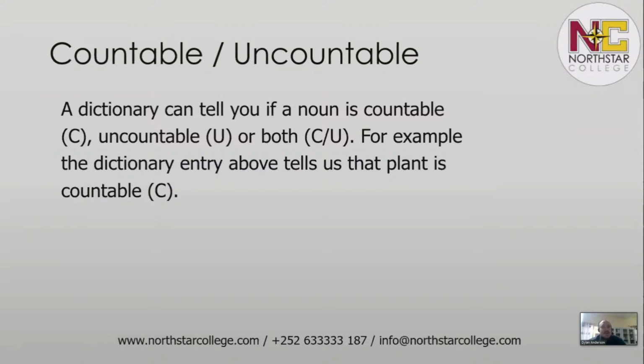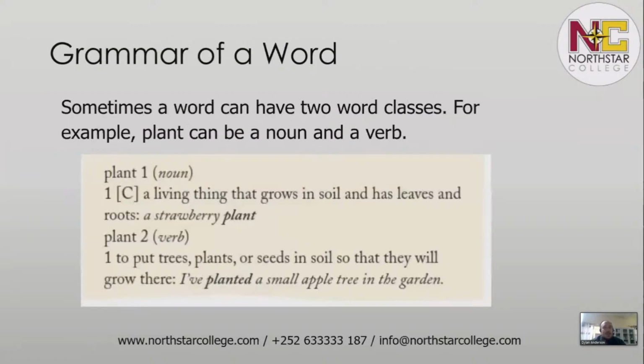Second, a learner's dictionary will also tell you if a word is countable or uncountable. So if we go back to this noun here, we see this C here, and most people have probably learned countable and uncountable by now.